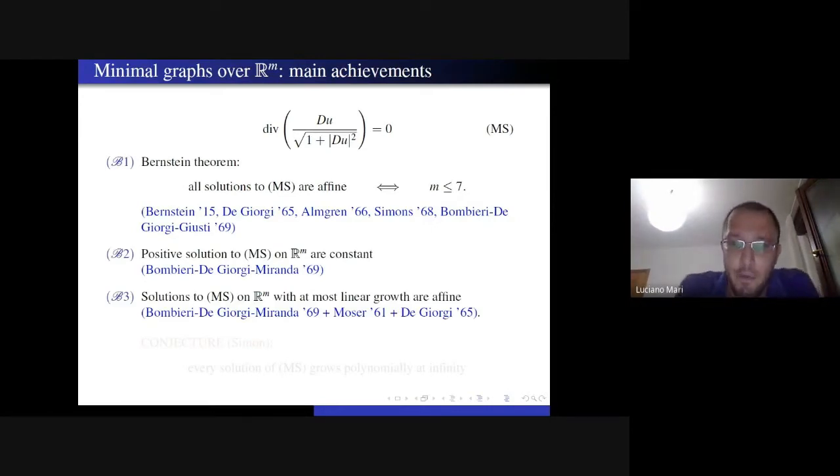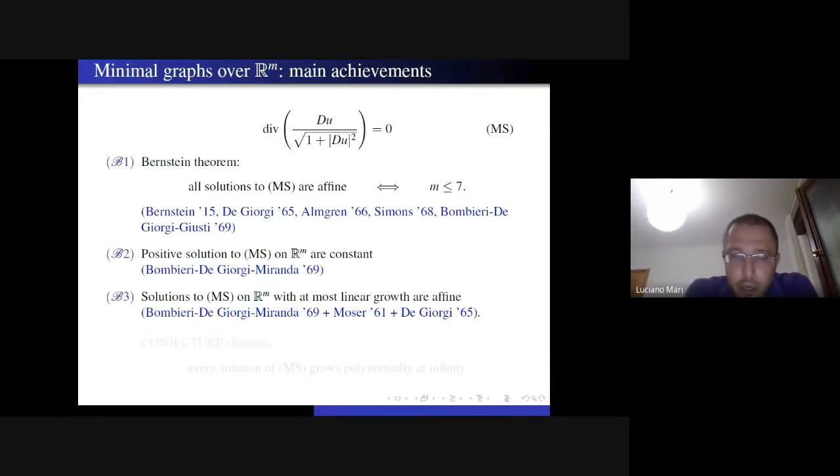The first one is the famous Bernstein theorem, and that says that all solutions of the minimal hypersurface equation are affine if and only if the dimension of the base R^m is at most 7.